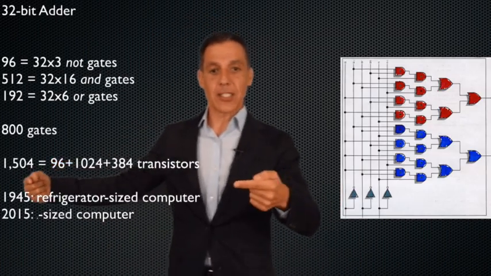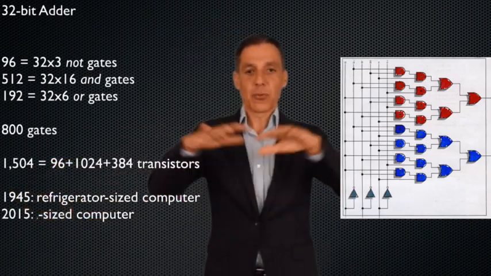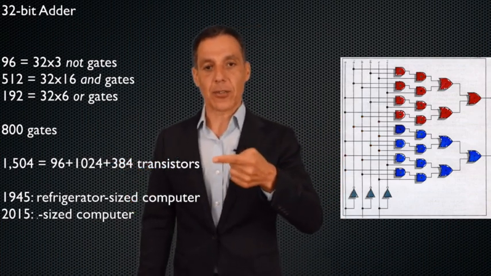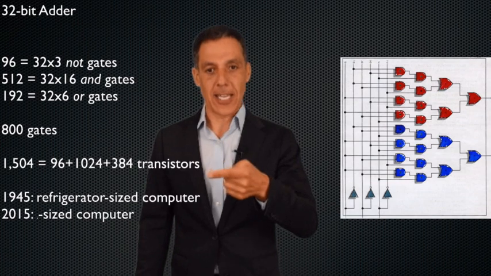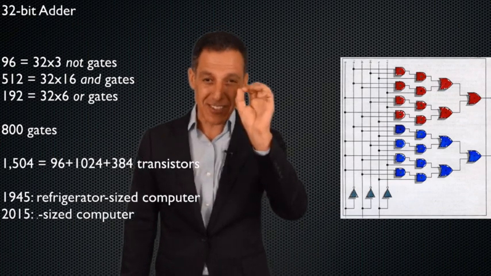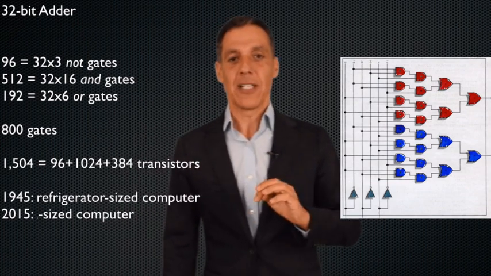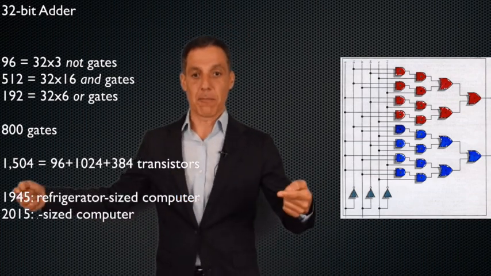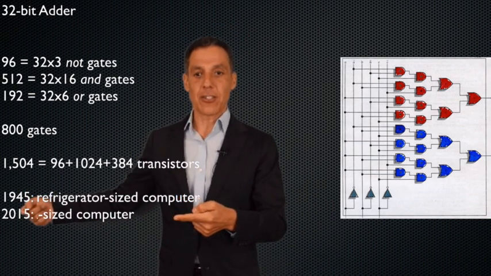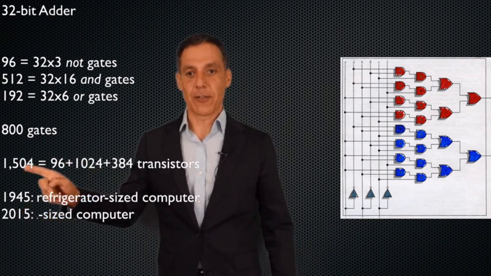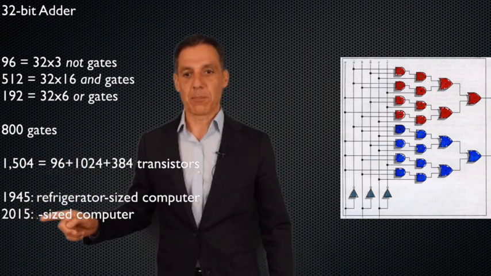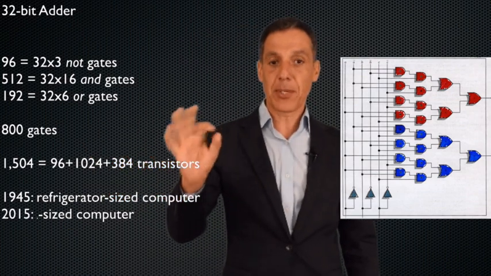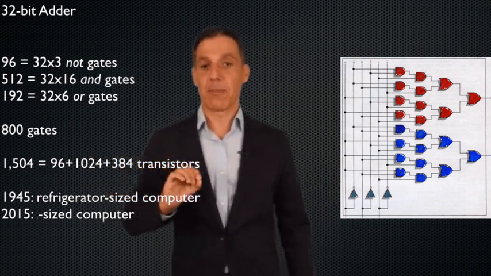Now, if we were in 1945, I would need roughly a refrigerator-sized computer to do that single calculation. That's insane. And that's because transistors were not these tiny minuscule things we have today. They were big physical things that occupied a lot of space. So the magic in today's computers is that for 1,500 transistors, I can put that on something that is much smaller than a printed period on a piece of paper.